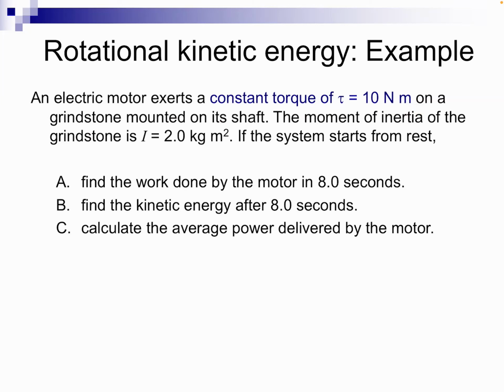The moment of inertia is given here as a quantity, and the system starts from rest. Okay. We want to find the work done by the motor in 8 seconds, the kinetic energy after 8 seconds, and the average power delivered by the motor.